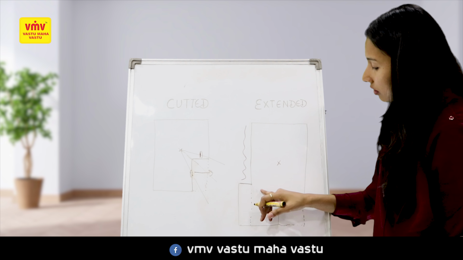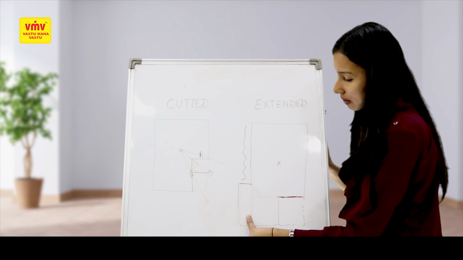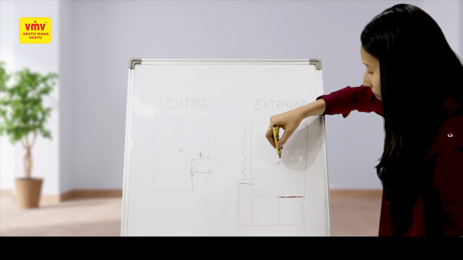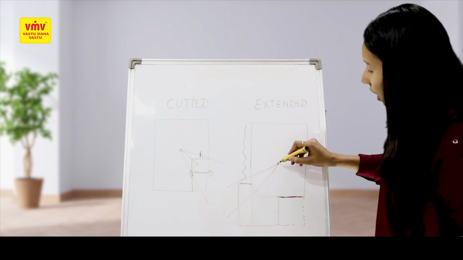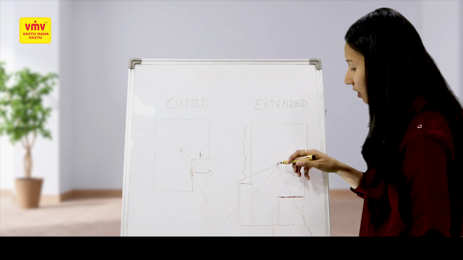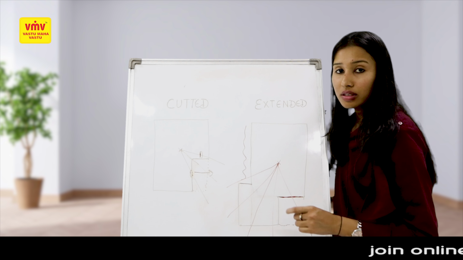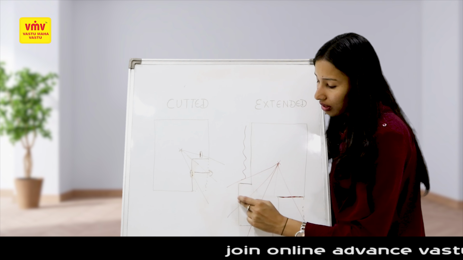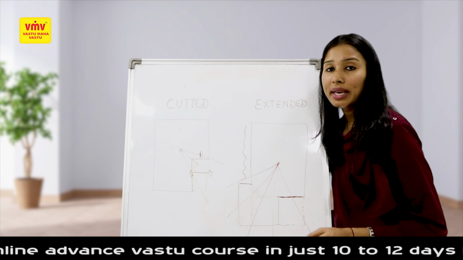Now another thing is how we will rectify this extension portion. The zones which will come like this, in this part, how will we rectify them, because they will be so much extended? The first thing is we have to suggest the colors at the skirting of this extension portion, which will make them balanced.